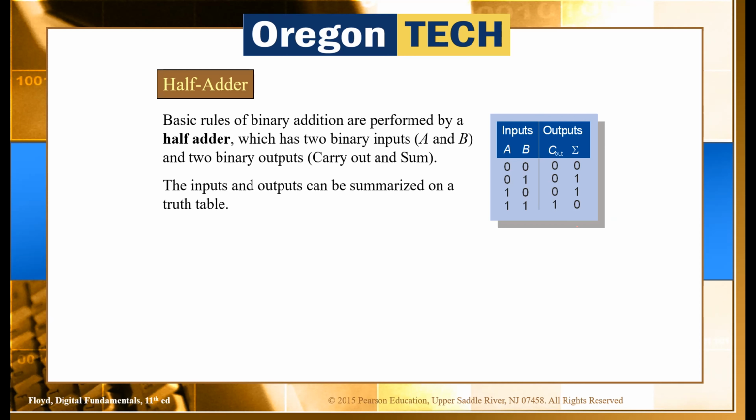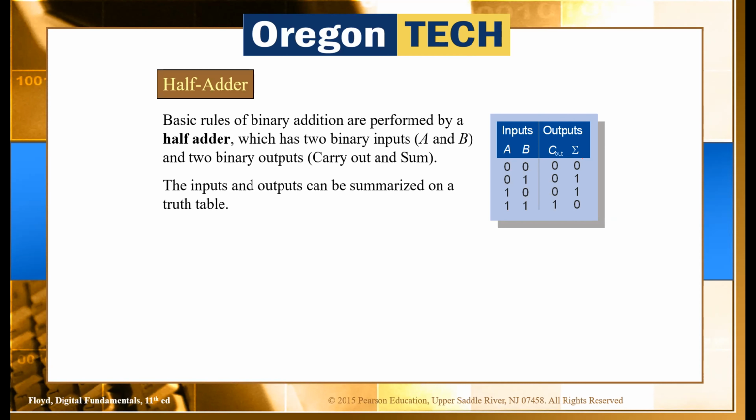Here I'm saying if A and B are both 0, the summation is 0, of course, no carry. I'm adding 1 to 0, I have a summation 1 and no carry. 0, 1, I will have summation 1, no carry.